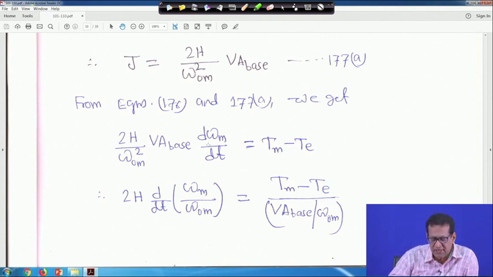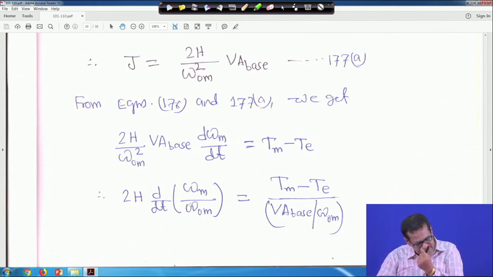Or you can write 2H d by dt of omega m upon omega 0m is equal to T m minus T e upon V a base divided by omega 0m. What we are doing is dividing one by omega 0m and another omega 0m, and the V a base is being divided by omega 0m.